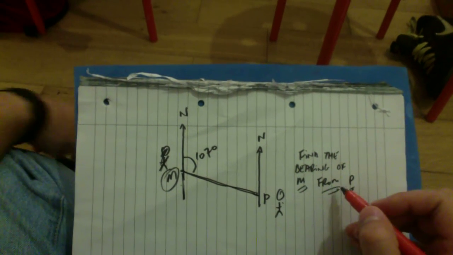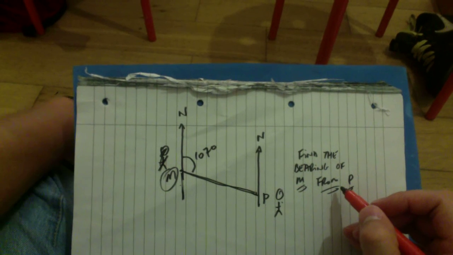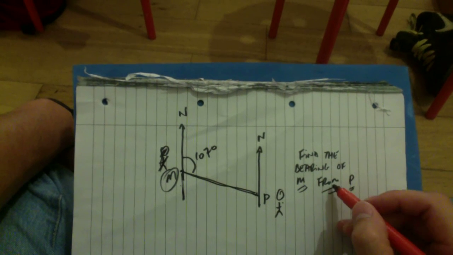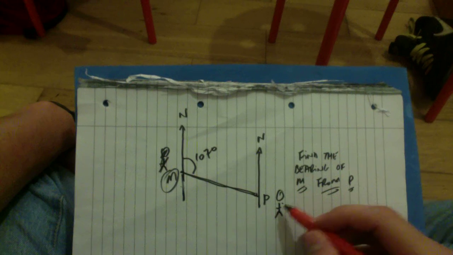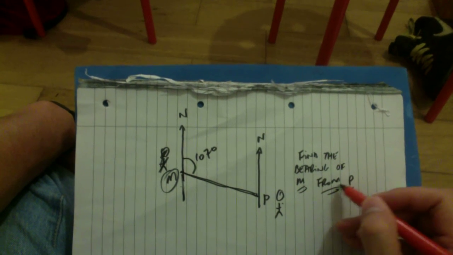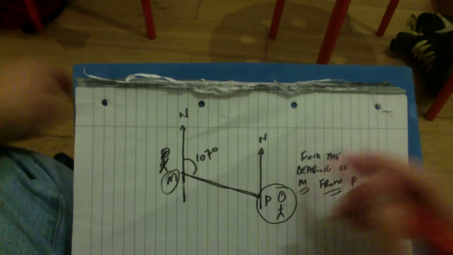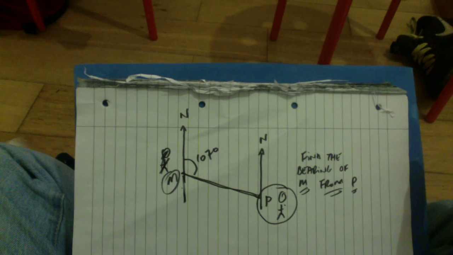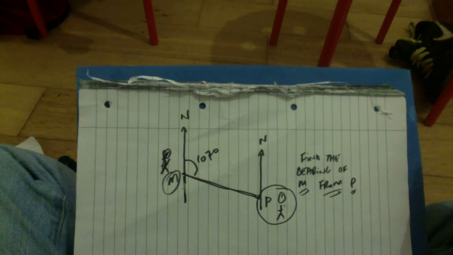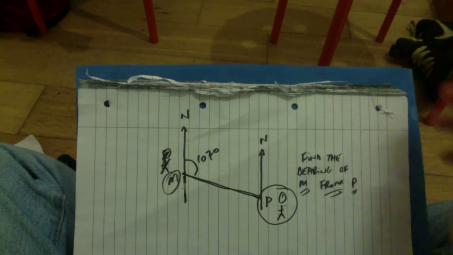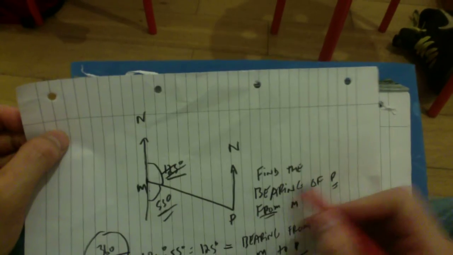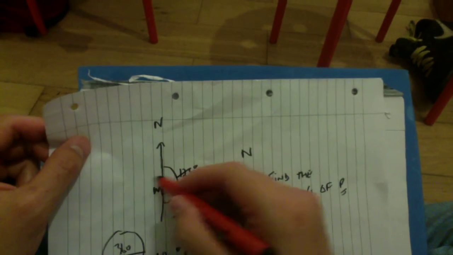So the word "from" is really important in this type of question because the letter which follows after "from" tells you where you're starting from. So from P, you're starting from P. As you notice in the other ones, find the bearing of P from M. So we start from M here.